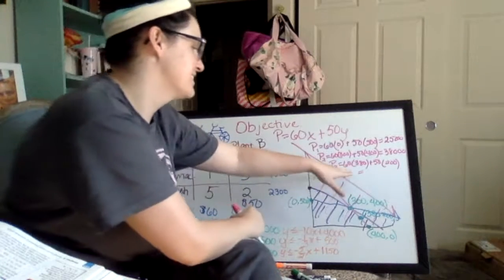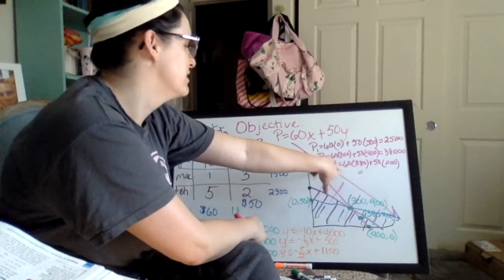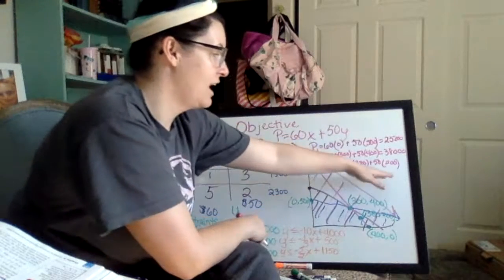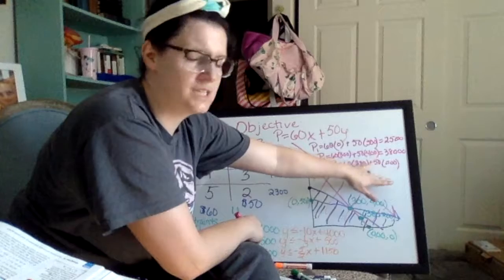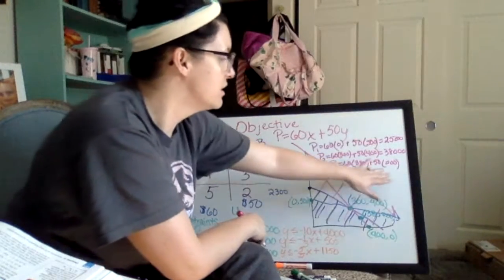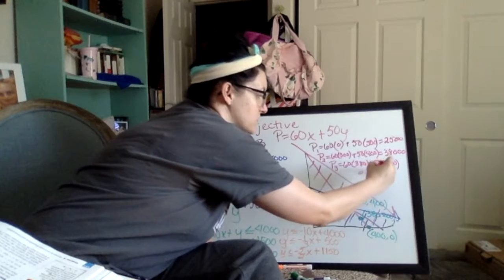Okay, 6 times 8 is 48. Carry my 4. 6 times 3, so 22,800. And this one is going to be 20,000. No, 10,000. I'm sorry. So 22,800 and 10,000 is 32,800.